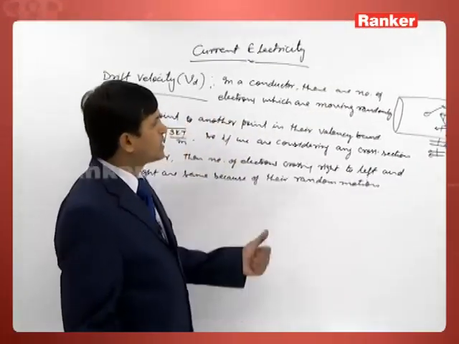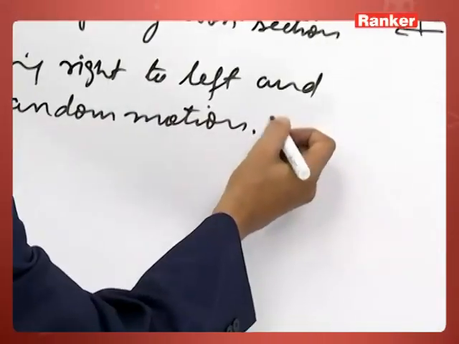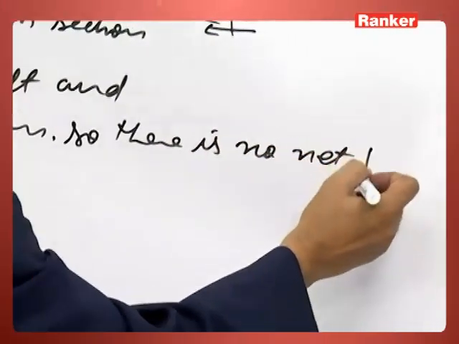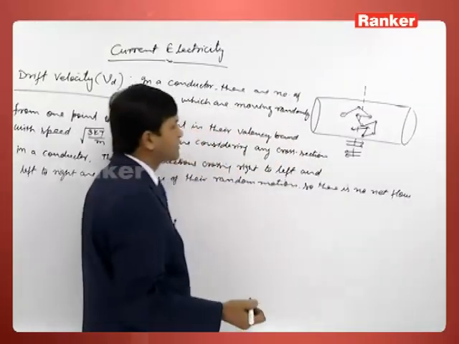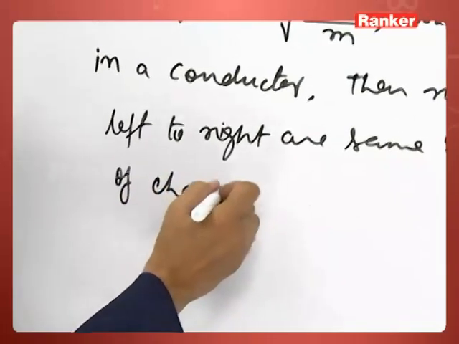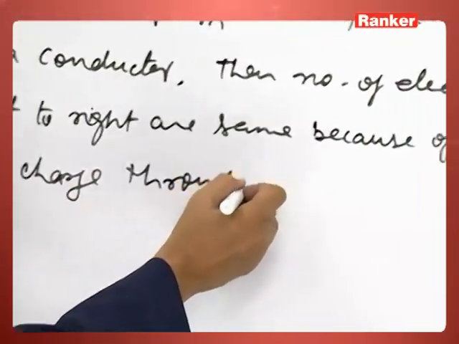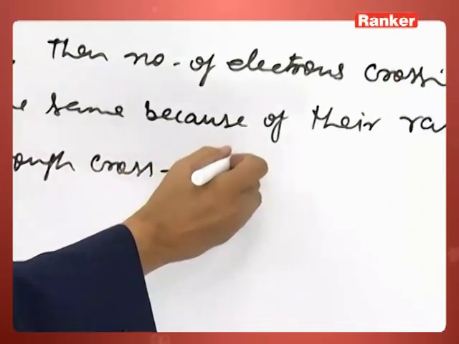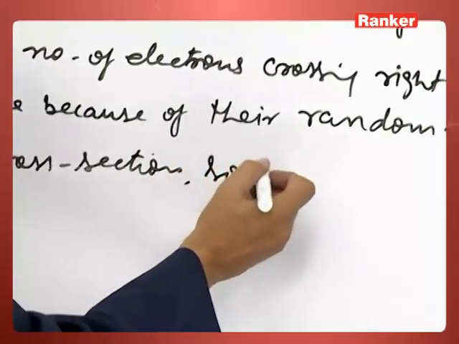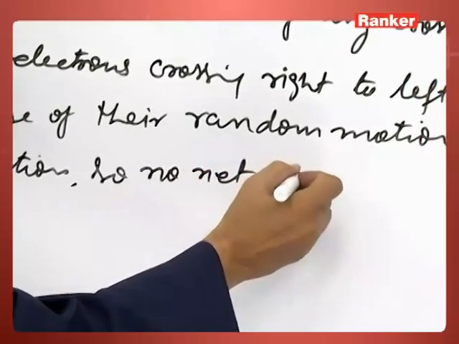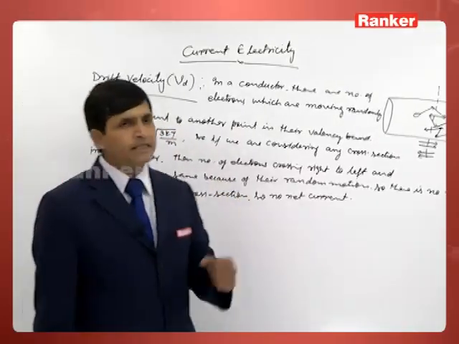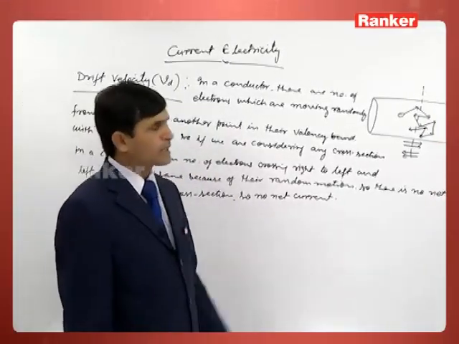So the net charge through the conductor is 0. So there is no net flow of charge through the cross section, so no net current. So this is the meaning of it: in normal condition there is no net current through the conductor.